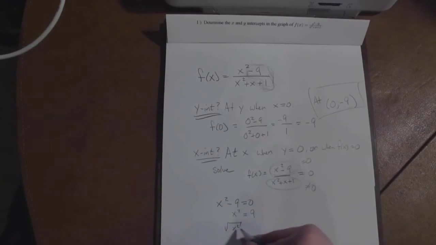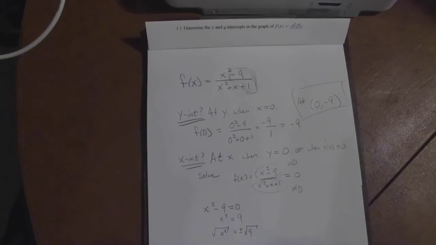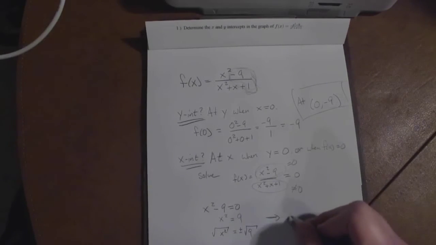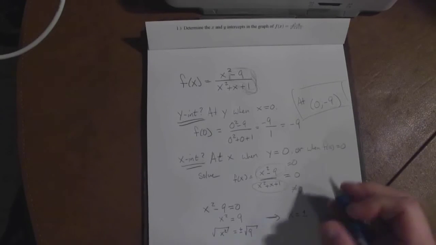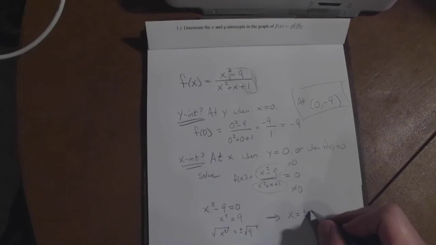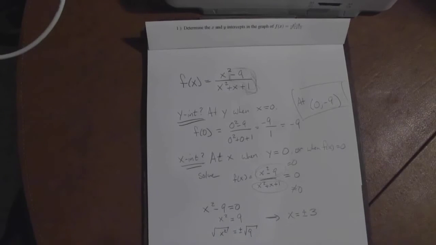But if we take the square root of the left, we will have to take the plus or minus square root of the right. That leads me to saying that x must be equal to plus or minus the square root of 9, which is equal to plus or minus 3 in value.